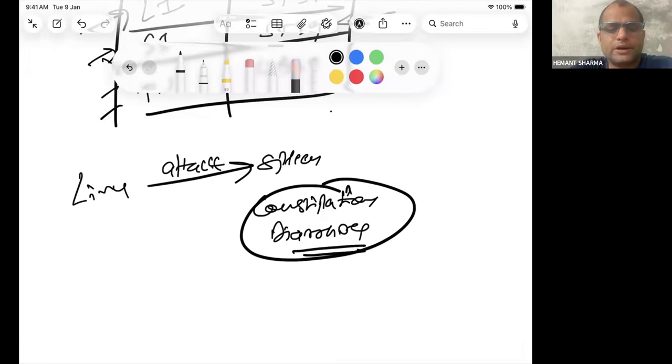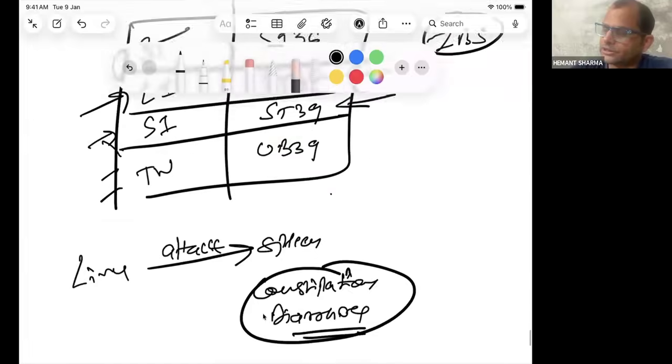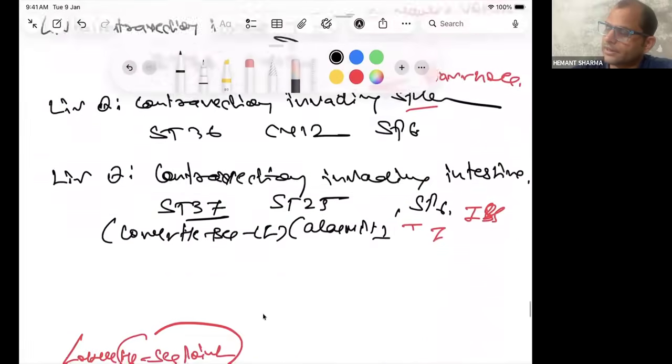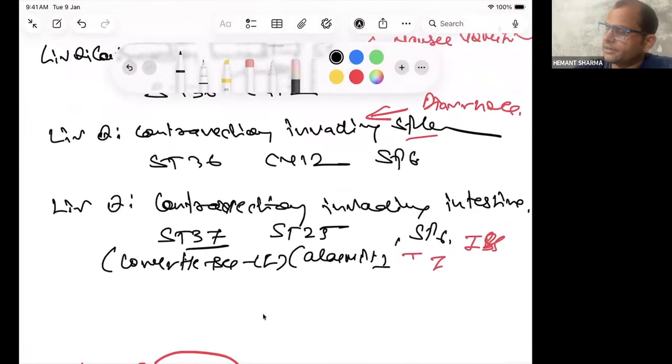तो अभी हम थोड़ी देर पहले आईबीएस की बात कर रहे थे. आईबीएस में हम लार्ज इंटेस्टाइन के साथ साथ स्मॉल इंटेस्टाइन को भी इंक्लूड कर लेंगे. Like I told you, liver chi invading the intestine. Stomach 37 for large intestine. Stomach 25 is the alarm point of the large intestine.